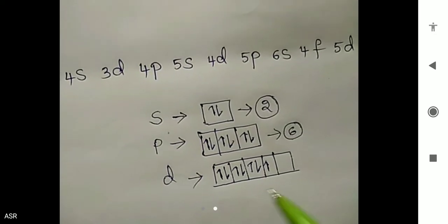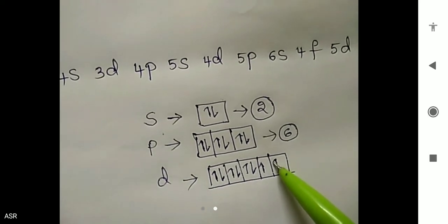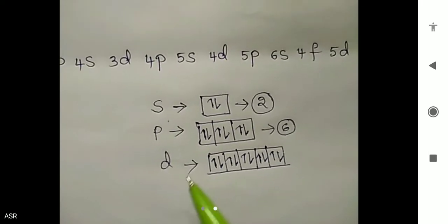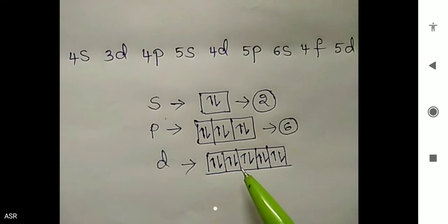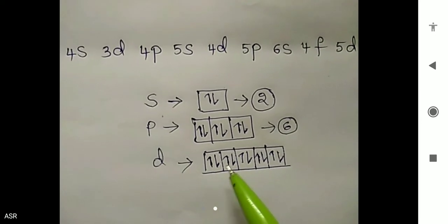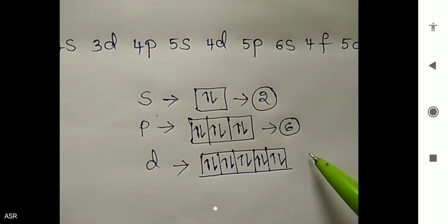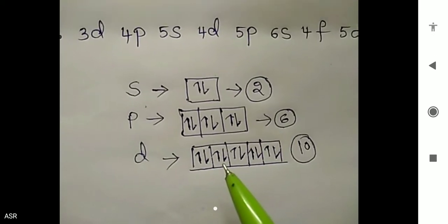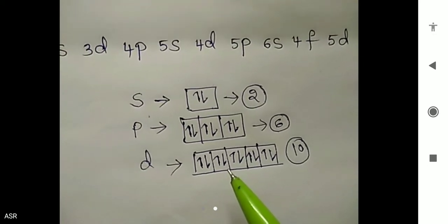So children, each orbital 2 electrons. Altogether you just estimate it. How many will it become? It will become totally 10 electrons. Each orbital 2 electrons. Here 5 are there. 5 2s are 10. So D orbital will comprise 10 electrons.